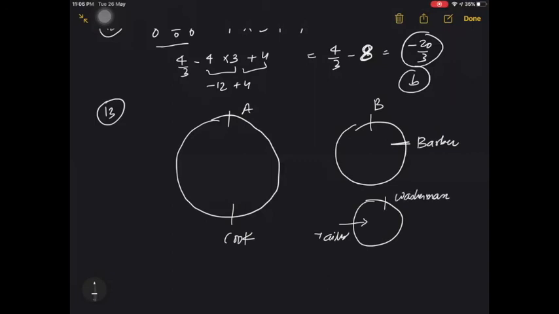Miss D is opposite to Miss C. Okay, so it's very clear. C and D are sitting opposite to each other. So A and B will be opposite to each other. So if A and B are opposite to each other, I can say that B is cook. So let's say cook is over here.